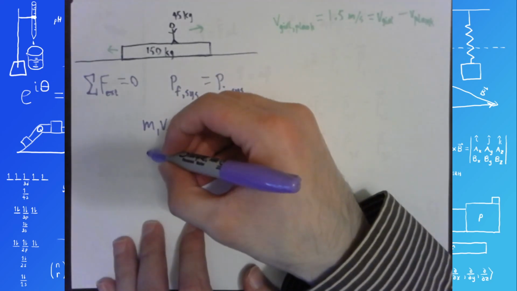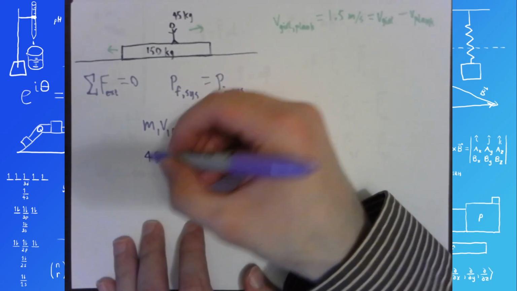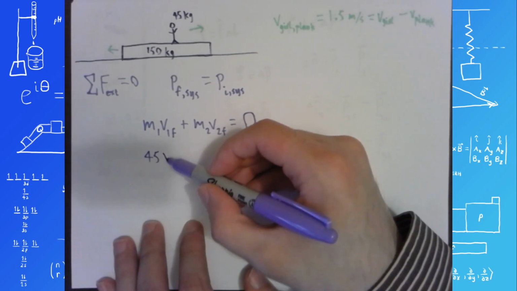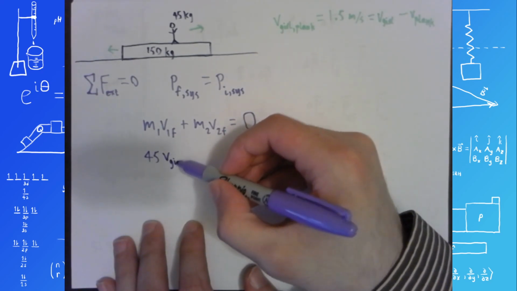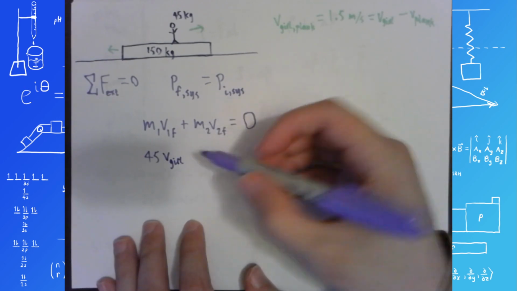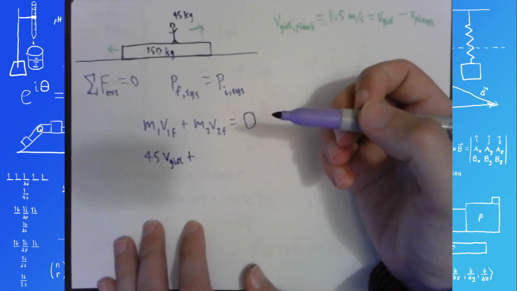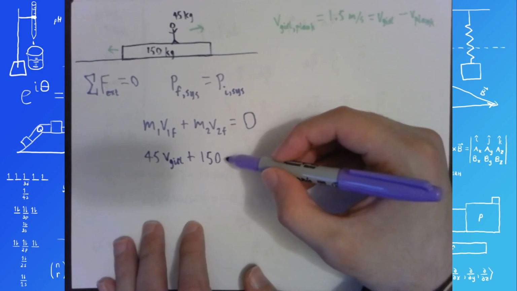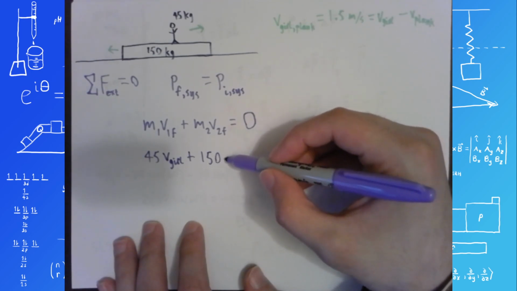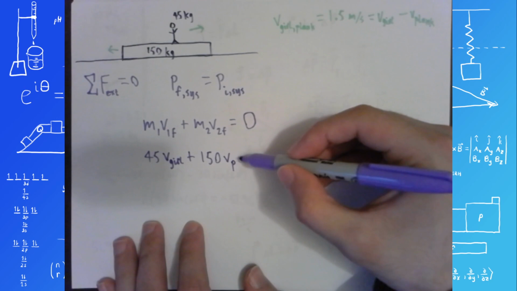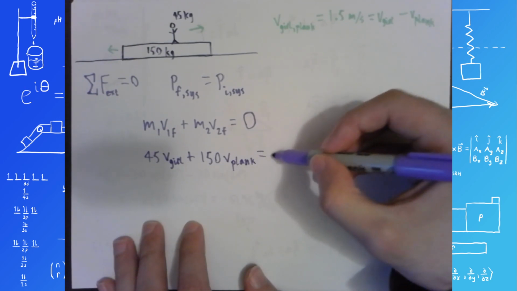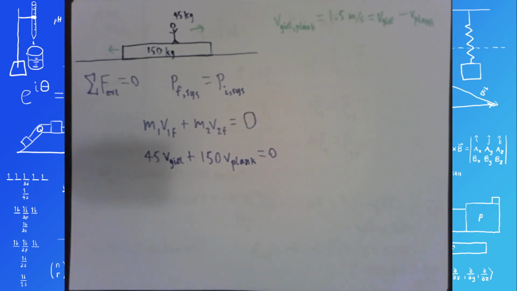So we're going to say 45 kilograms times V girl plus 150 kilograms times V plank equals 0. That's one equation and two unknowns.